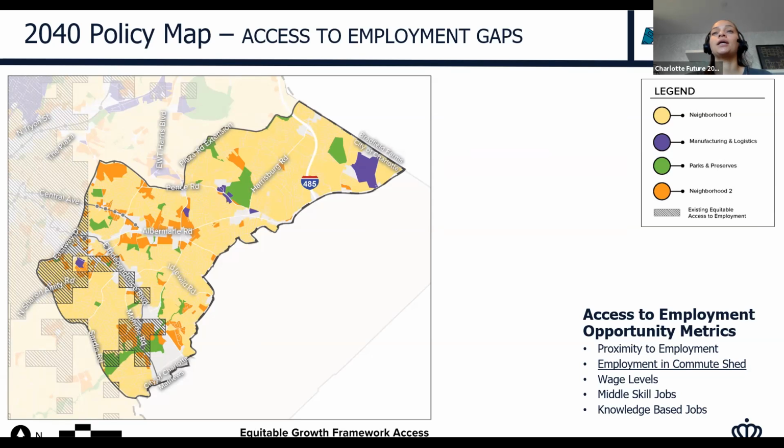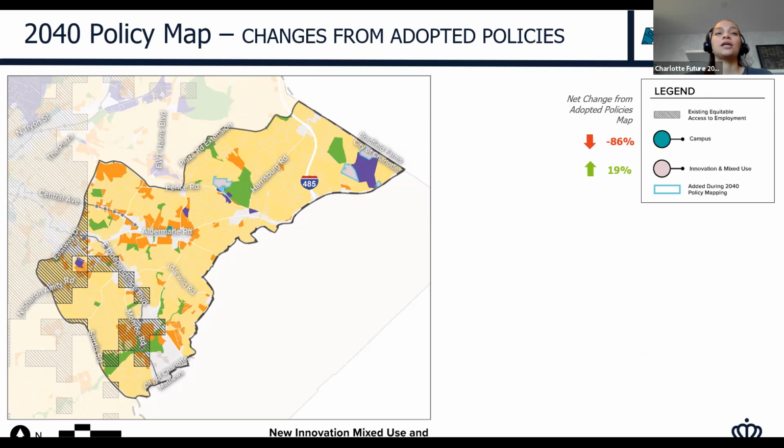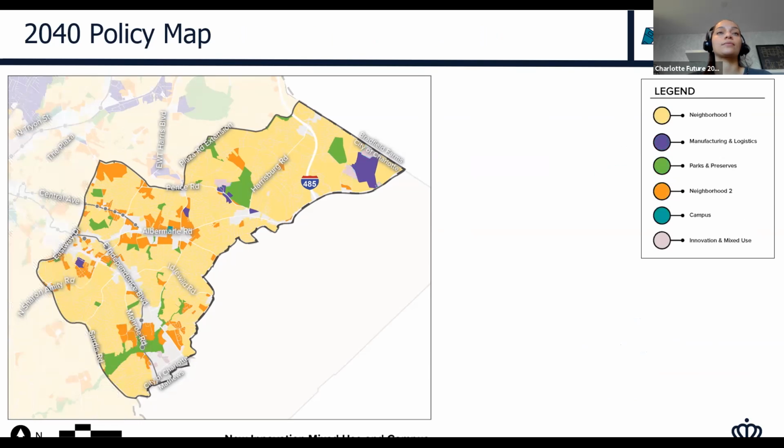And we do that by mapping the manufacturing and logistics. You can see when we do that, there's a decrease in campus place type, but there's an increase in the innovation and mixed use category. And this is the final map that results from that.